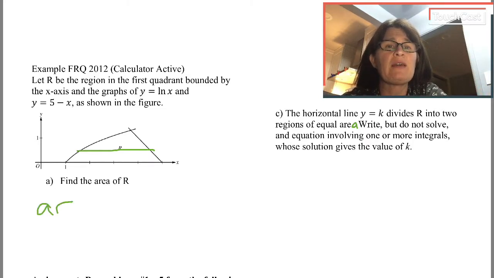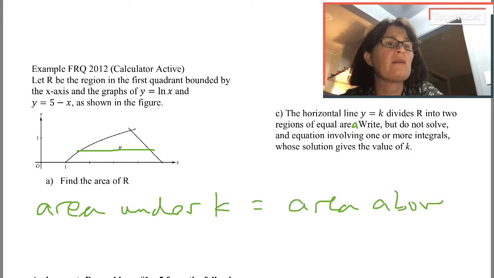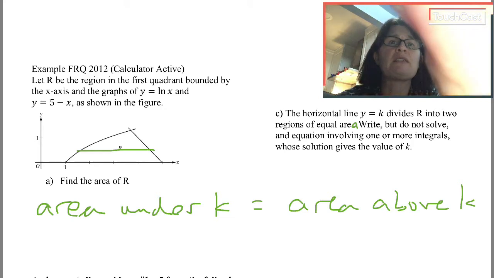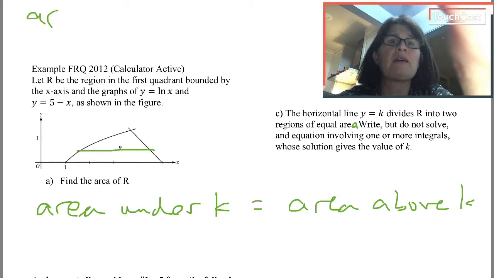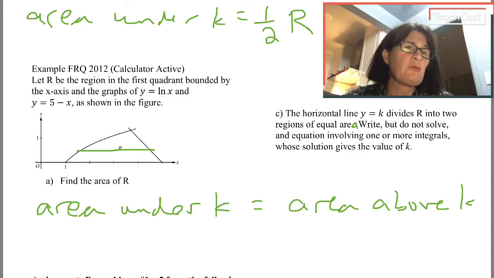So the area under k should equal the area above k. That's one way to think about this. You could instead think that the area under k is equal to 1/2 of the area of r. These are both good ways to start.